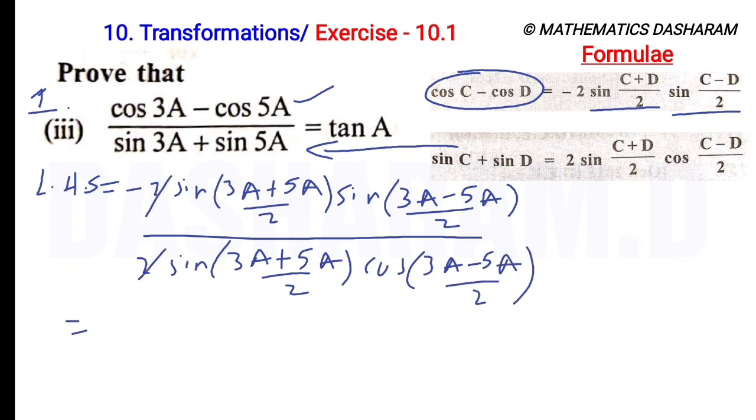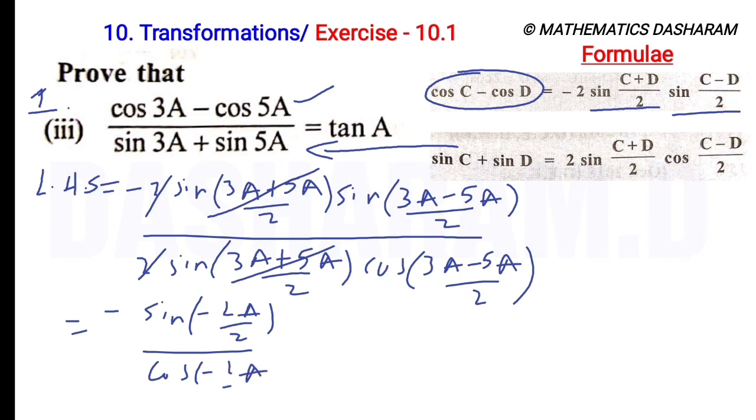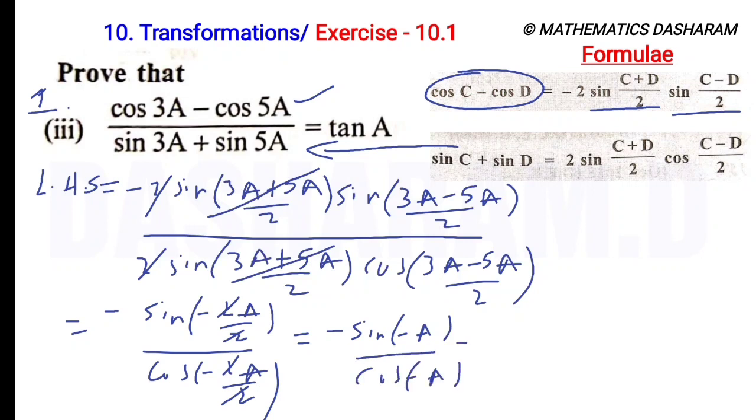So here the 2 cancels and sin((3a + 5a)/2) cancels. So then -sin(-2a/2) divided by cos(-2a/2). It is equals to, here the 2 cancels, then -sin(-a) by cos(-a).